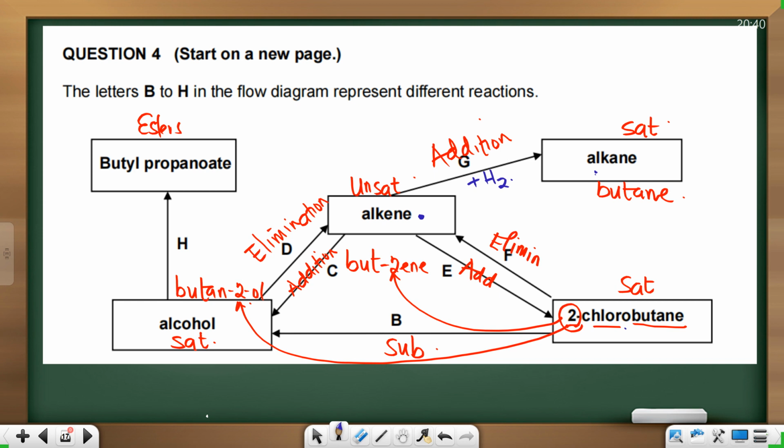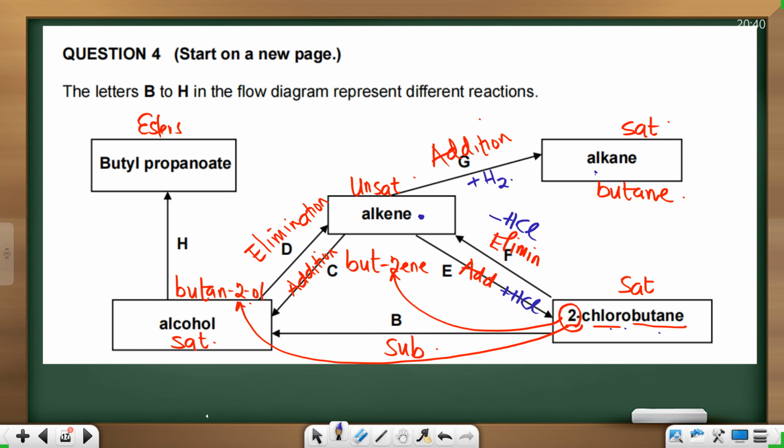I must remove hydrochloro. So it's minus HCl. Dehydrohalogenation. If I look at alkene going to 2-chloro, stock taking, this is a butane. It's an alkane. This is a chlorine. So I'm adding HCl. Hydrohalogenation. That's what I call stock taking.